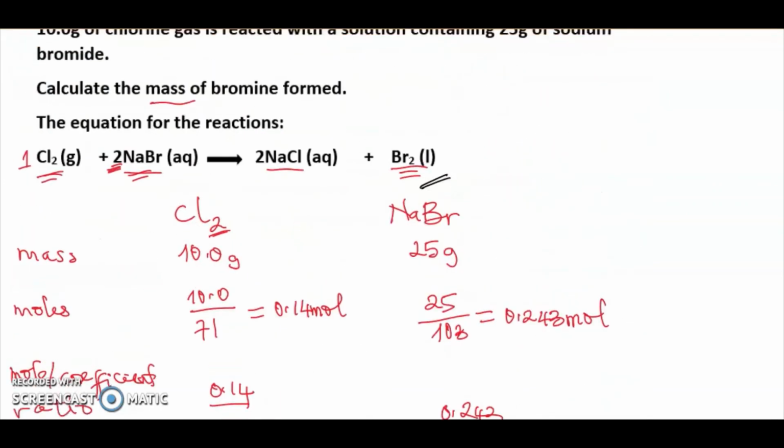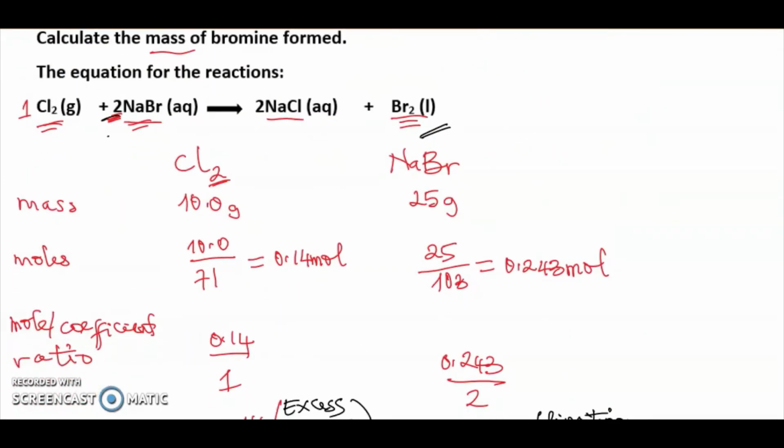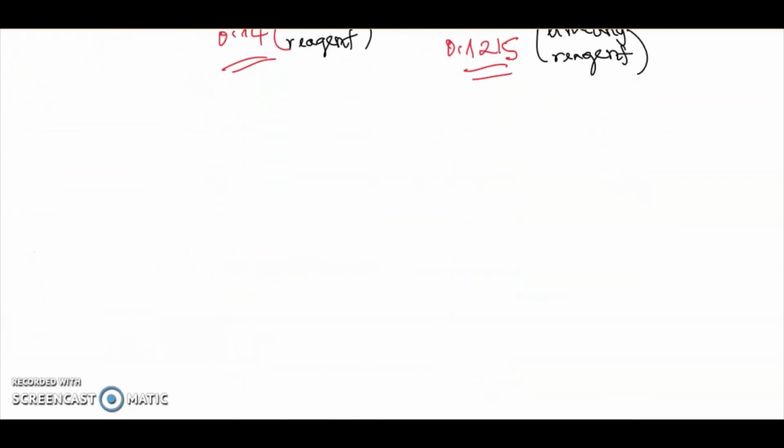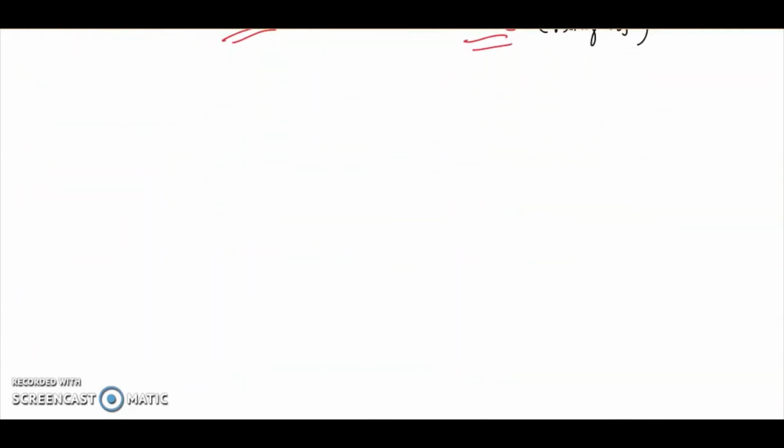And so let's see, from the equation, we can see that 2 moles of sodium bromide forms how many moles of bromine? It forms 1 mole of bromine. We are going to make use of that.